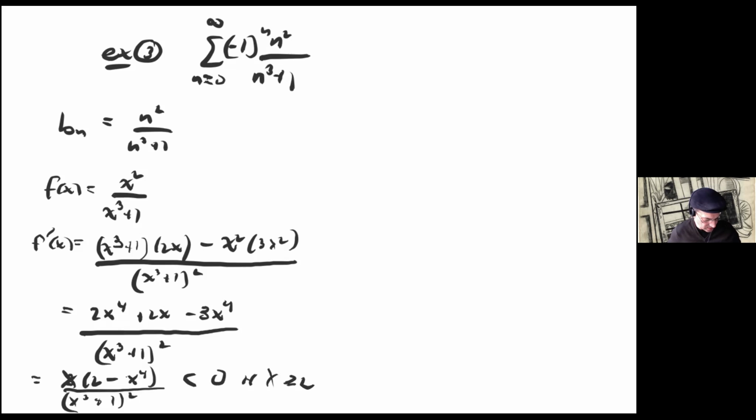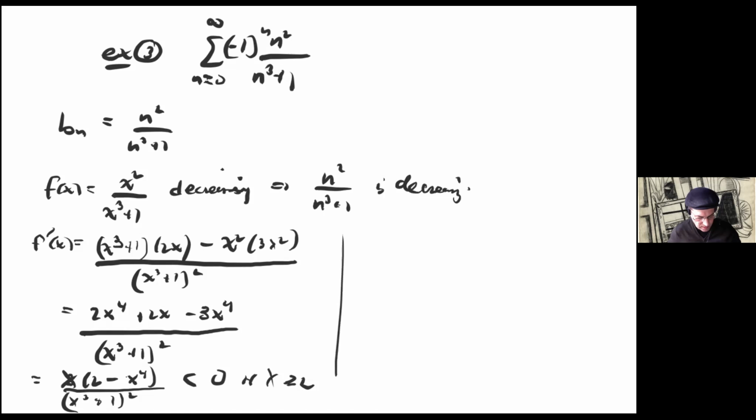And that tells us that n squared over n cubed plus 1 is decreasing. Now that's the first method of dealing with this. Here's another way to do it. n squared over n cubed plus 1 is decreasing if and only if its reciprocal is increasing.